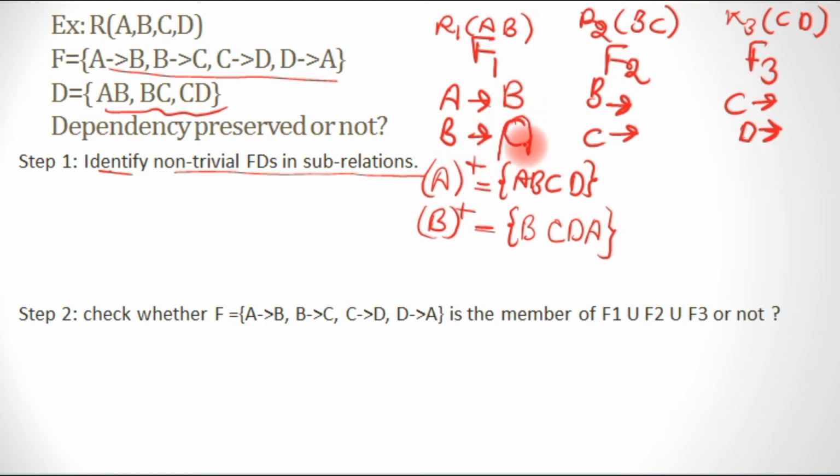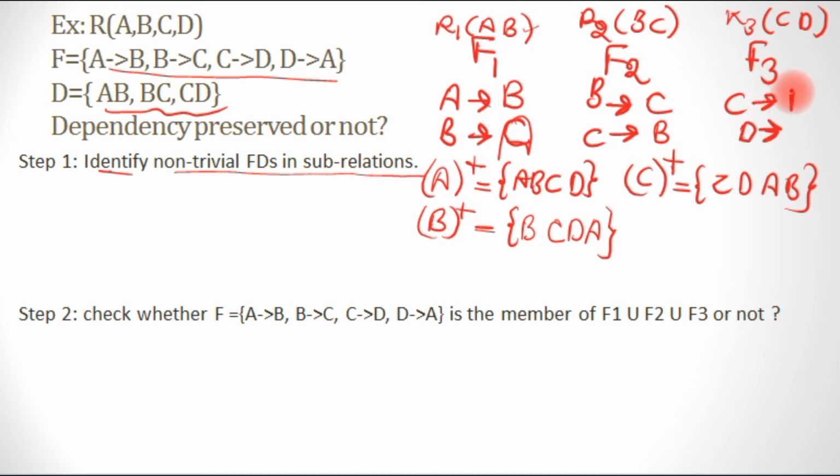We can write A because C is not present in this subrelation. So now B determines C here, and for C we have to calculate the attribute closure of C, which is C, D, A and B. So we can write C determines B also.